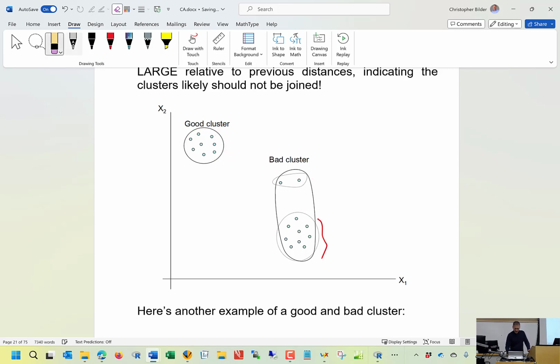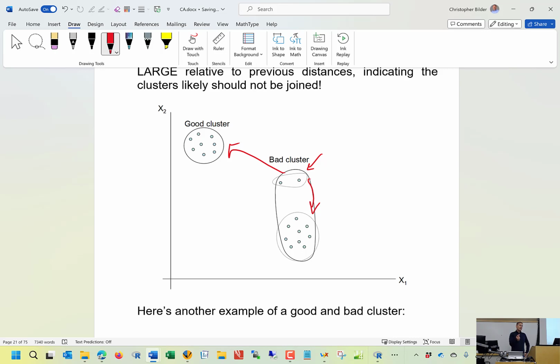But let's say, again, we get to this point where we have these 3 clusters. To make a decision about, well, should this here go with that cluster, or should that go with that cluster, do you think the distance is going to be large or small? It's going to be large, relative to everything that we've done previously.